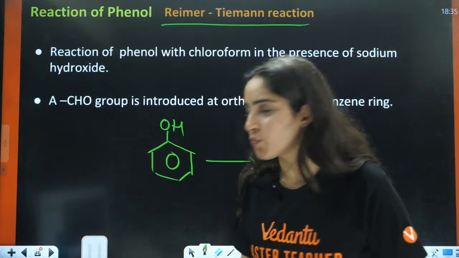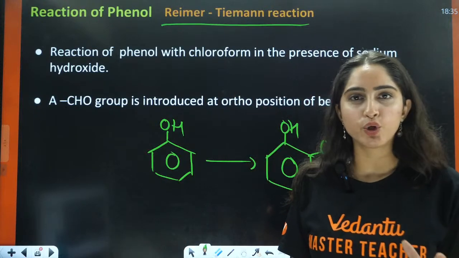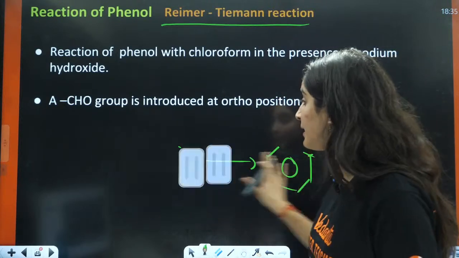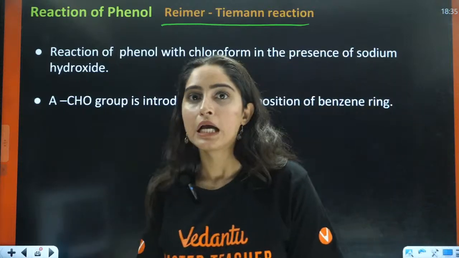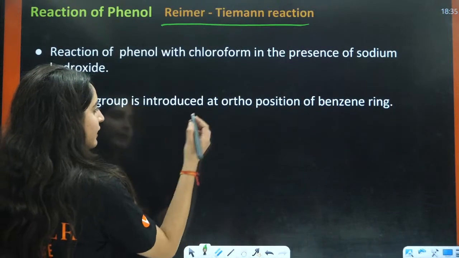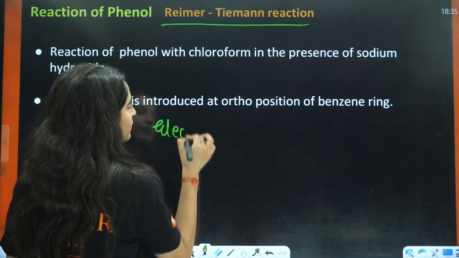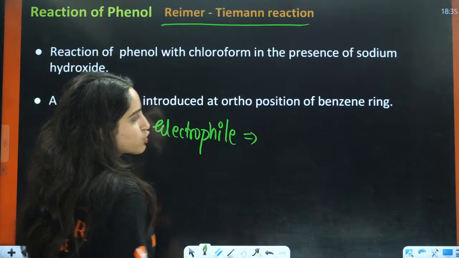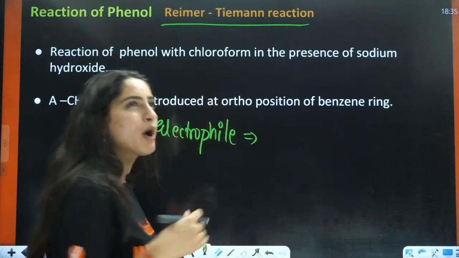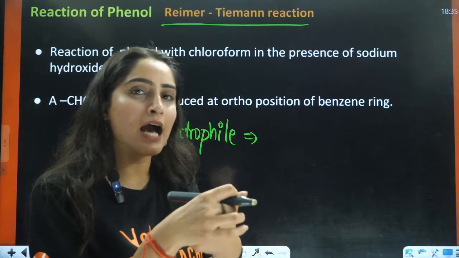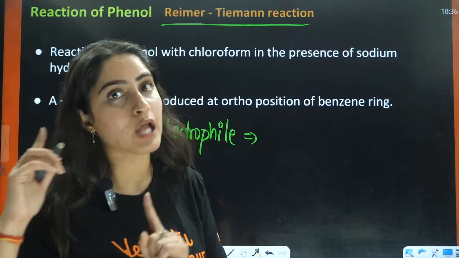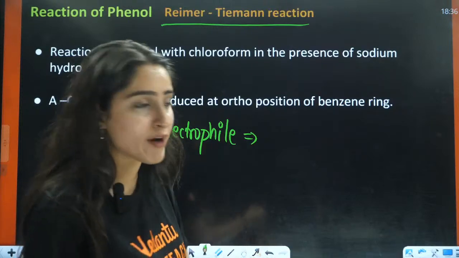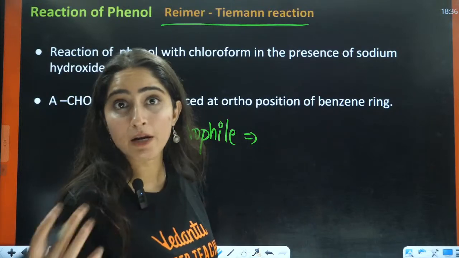This is also somewhat related to the carbylamine reaction, the isocyanide reaction that we will do in amines. Now, see. Remember one very important thing: the electrophile is going to be a carbene. In this you have a very interesting electrophile that is not like a carbocation, carbanion, or free radical.